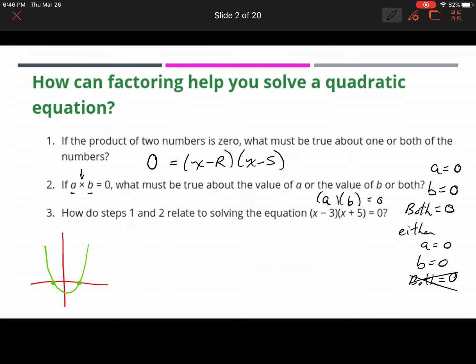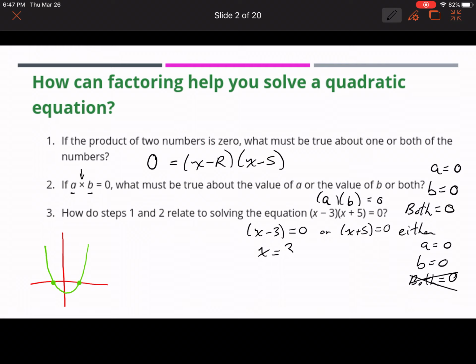So what we do is we say either A has to equal 0 or B has to equal 0. Now we have two answers for x.